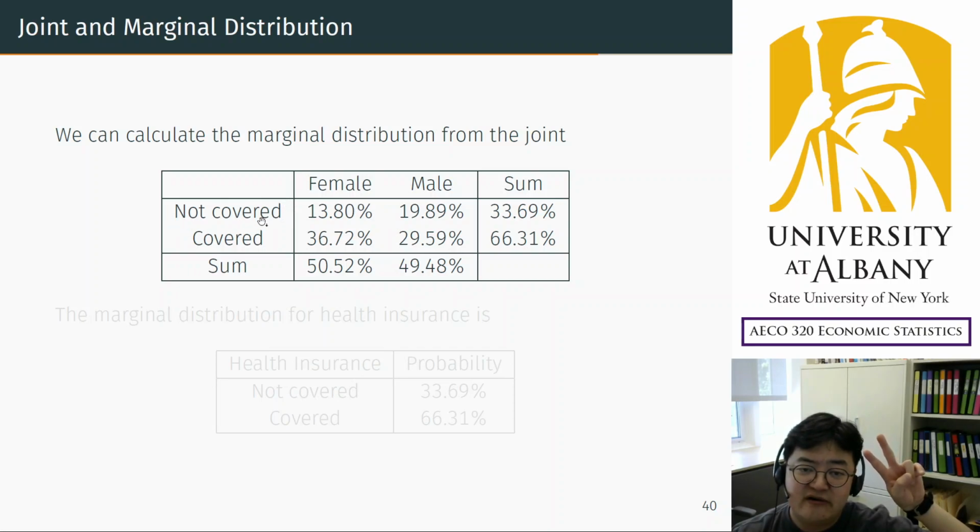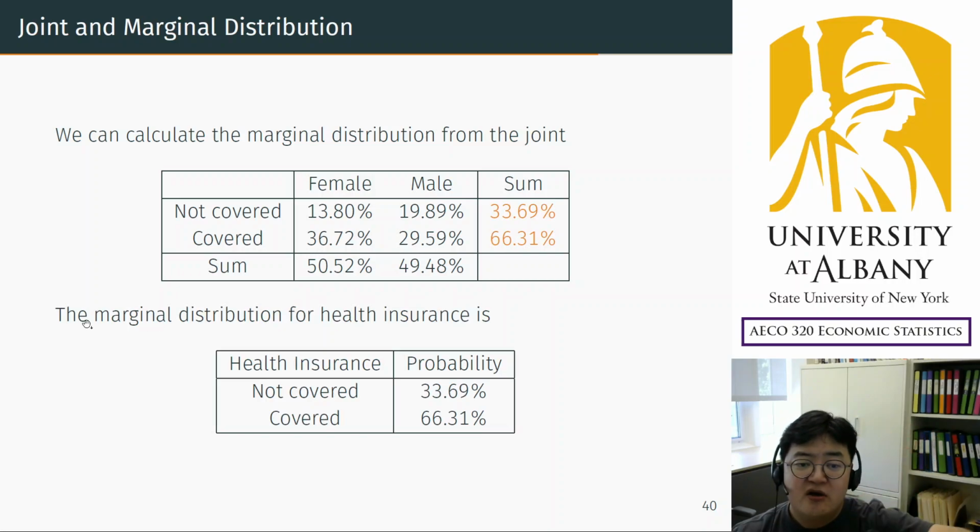So the probability of not having health insurance is 13.8 plus 19.89, the sum of these two numbers. And the probability of having health insurance equals this probability plus this probability, which is 66%. So as a result, the marginal distribution for health insurance is the summation.